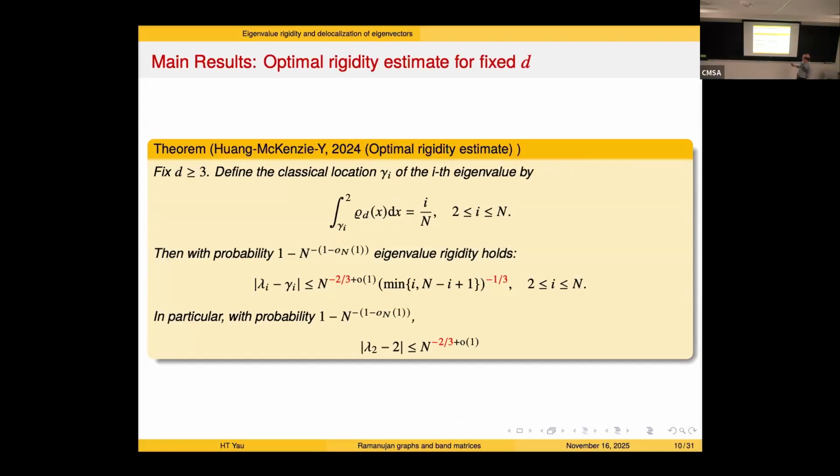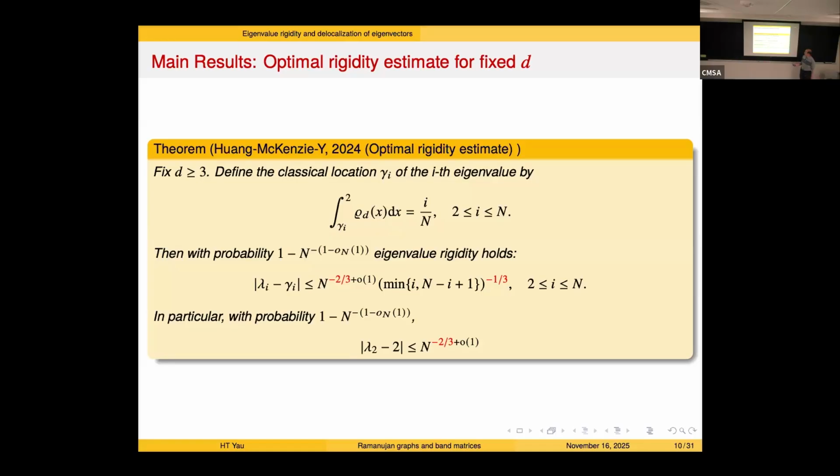If you use the Kesten-McKay law to compute eigenvalues, then you find that every eigenvalue is close to the Kesten-McKay law with error term n to the minus 2/3 at the edge, and this will increase to n to the minus 1/3 in the middle. There's another n to the minus 1/3 put together, so it is n to the minus 1 in the middle, and at the edge n to the minus 2/3. So it's completely correct.